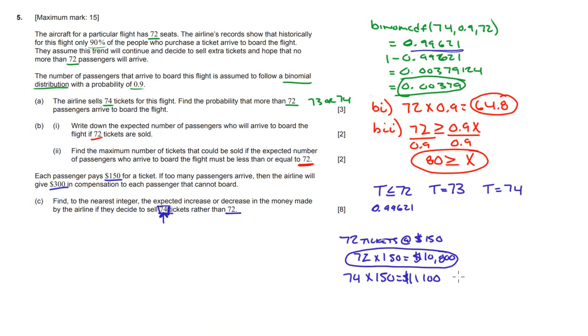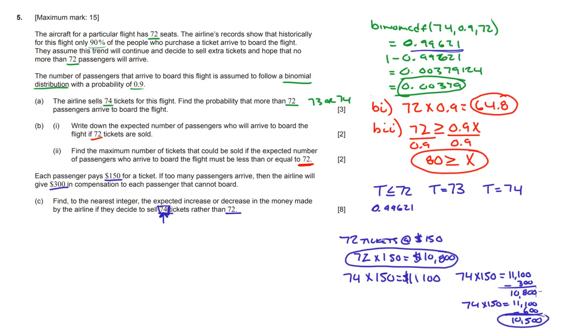So if 73 show up, we're going to have 74 times 150, which we already know is 11,100, but we're going to have to give back $300 on that. So that's going to end up being 10,800. And then we also need to take a look at what would happen if we got 74 people. So 74 times 150 is again still our 11,100, but then we'd have to give back $600. That's going to be 10,500.